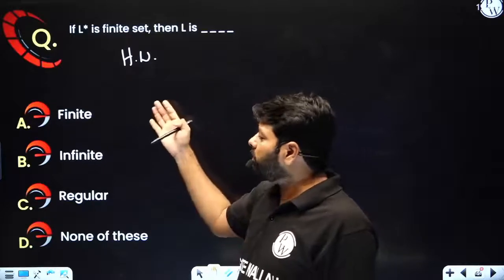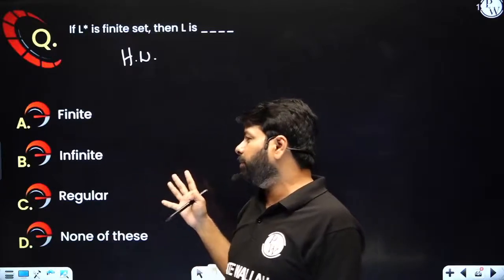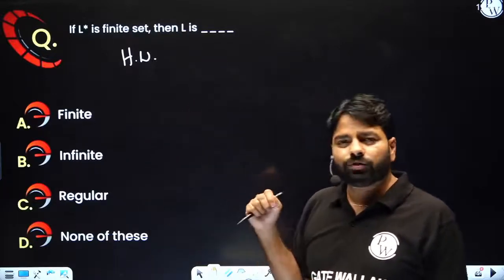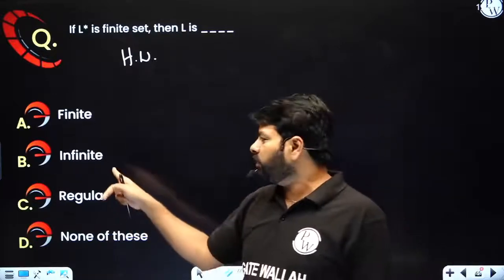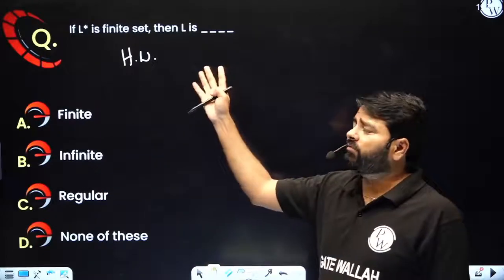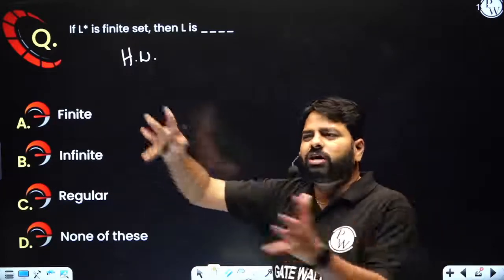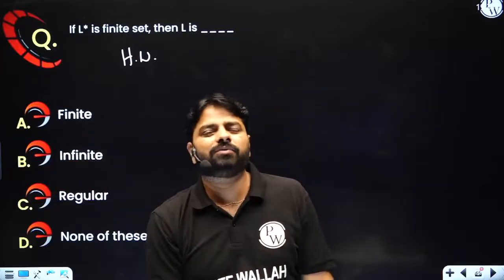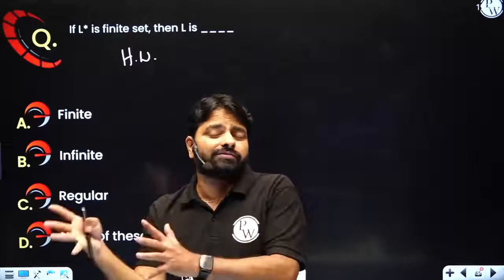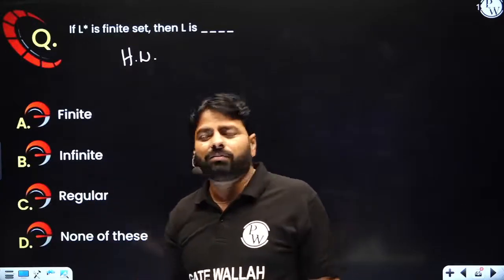I'm also asking what the right answers are here. If L is finite, then you can call L regular too, no doubt about it. But you can say it can never be infinite. I'm leaving it for you, but I'm also discussing what the right answer is. When L star is finite, there's no doubt L has to be finite. But when L star is infinite, then L could be anything.